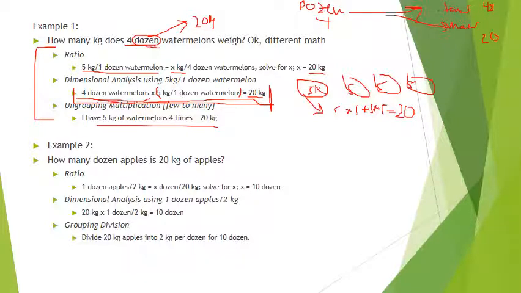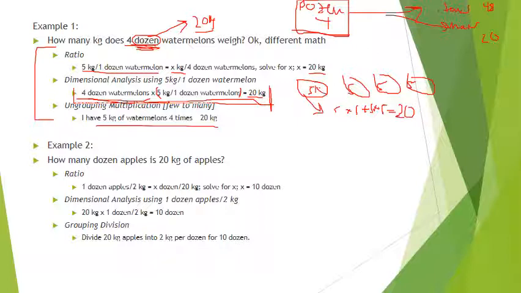So you have to pay attention to what you're looking for here. But anytime you go from dozen to either items or mass, you're always going to be multiplying or letting out, so the number's always going to get bigger. And that'll be the same with moles. If you ever start out with moles, your answer will always be bigger. Okay, all right, number 2.